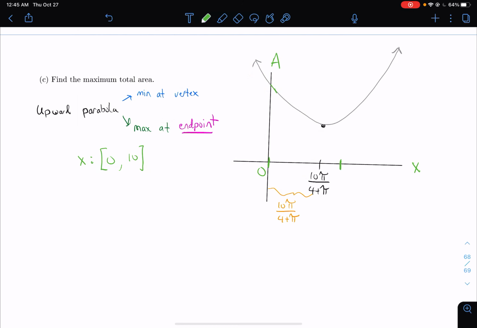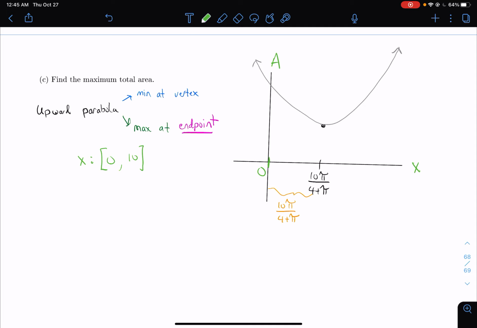Because if 10 was there, then I'd just be looking at this part of the graph, and on that part I could clearly see that the max would happen at this endpoint of the interval. But we need to know exactly where 10 is. So is 10 somewhere there, or is 10 way out here? Because if 10 was way out there, then the y value at 10 is going to be way higher than the y value at 0. So I basically need to know what's closer to that vertex. Is 10 closer or is 0 closer?